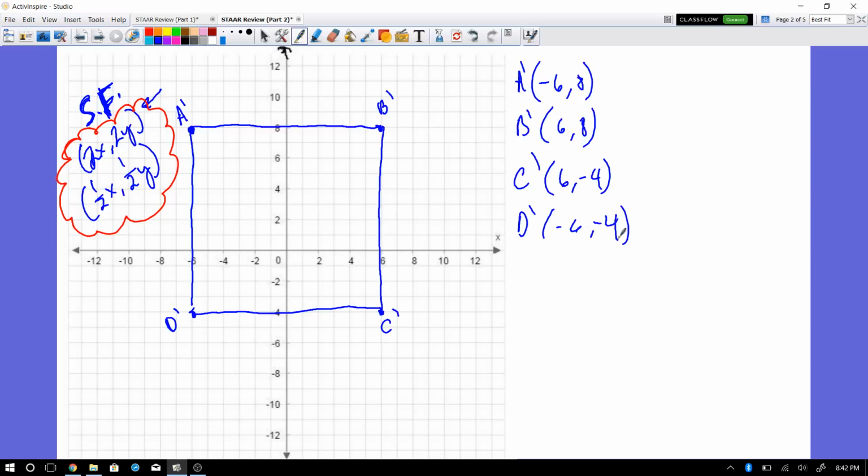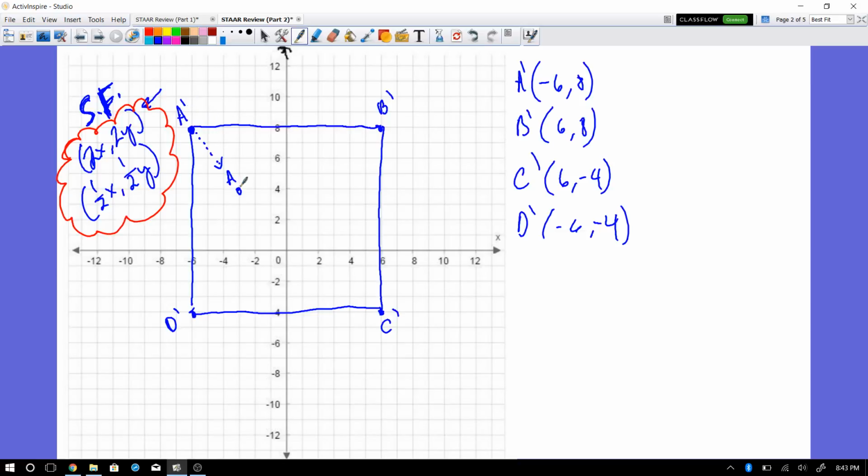And we're sitting there going, okay, what scale factor was used to get it to A, the original figure? Okay, so we know that we're going in this direction. That means that we started with a pre-image. We're trying to figure out what was used to make it bigger.